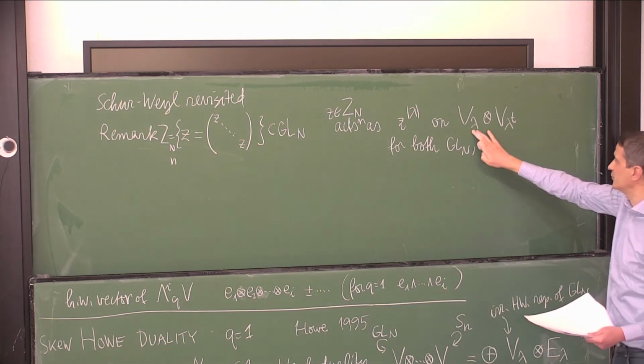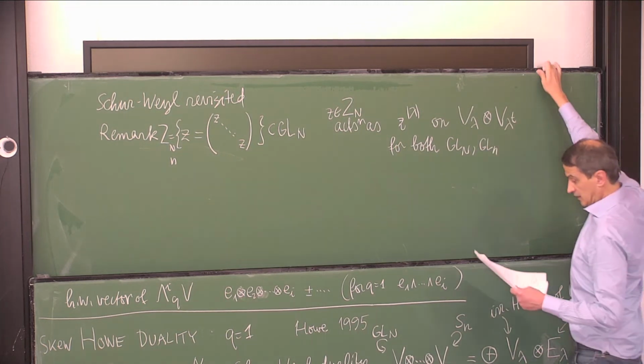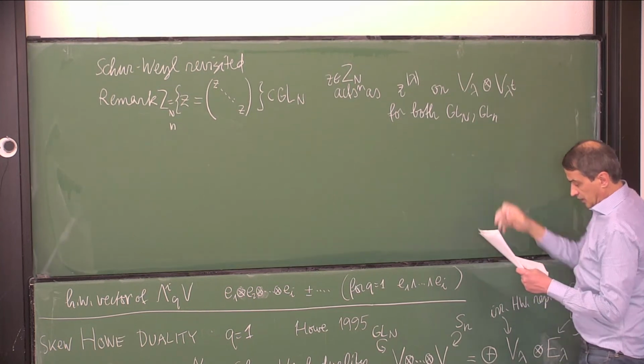So this is the size of lambda, and of course the size of the transposed is the same as the size of lambda.